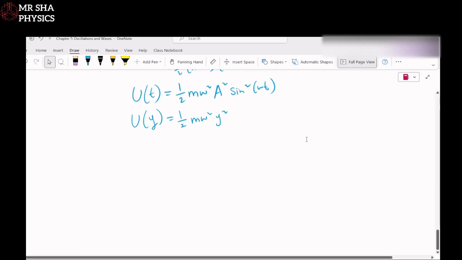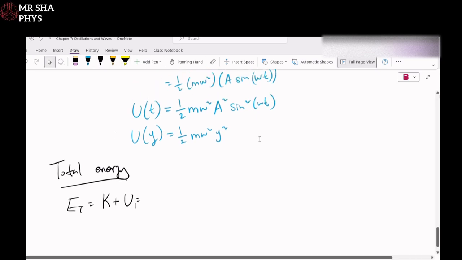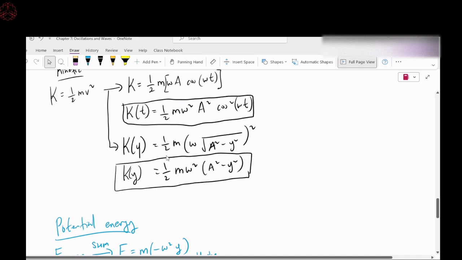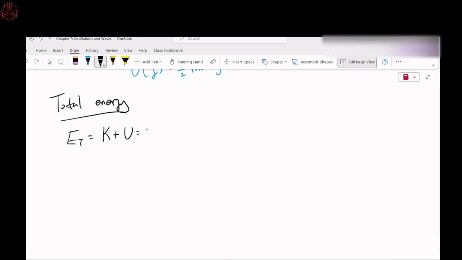Now, if I were to talk about total energy, which is simply the summation of kinetic energy and potential energy, I can use either the equation as a function of time or as a function of y, or displacement. Let me just use it as a function of y. So I add K as a function of y plus U as a function of y.